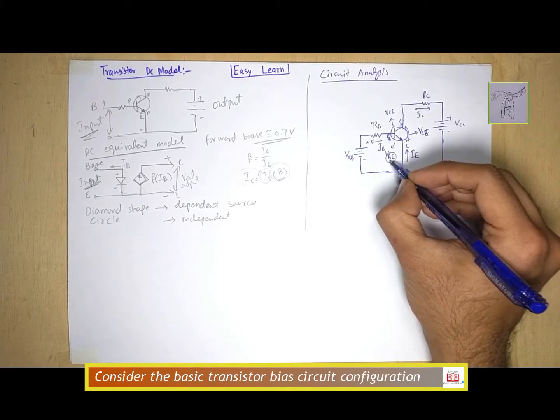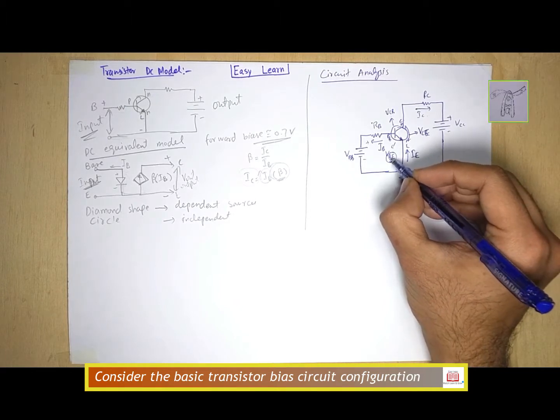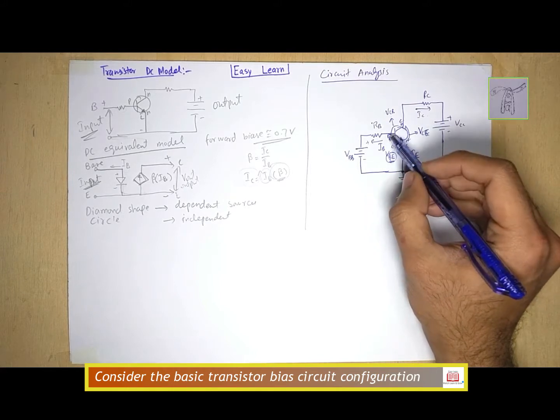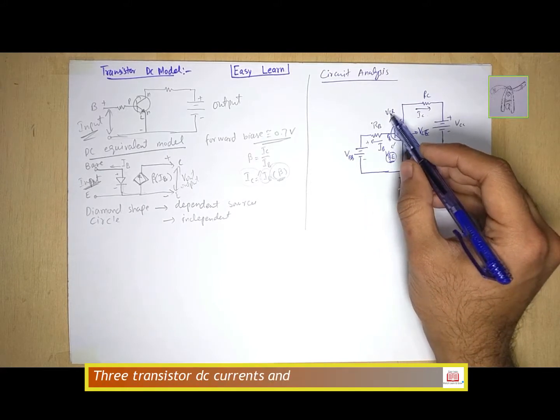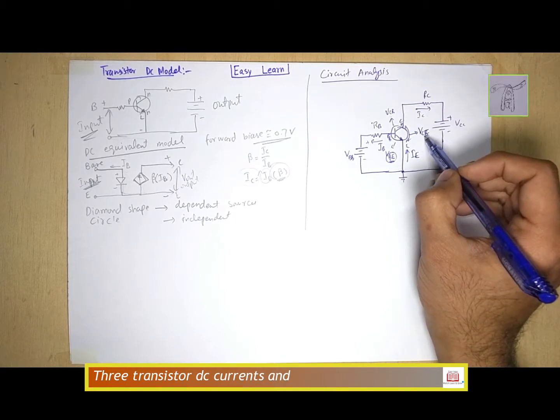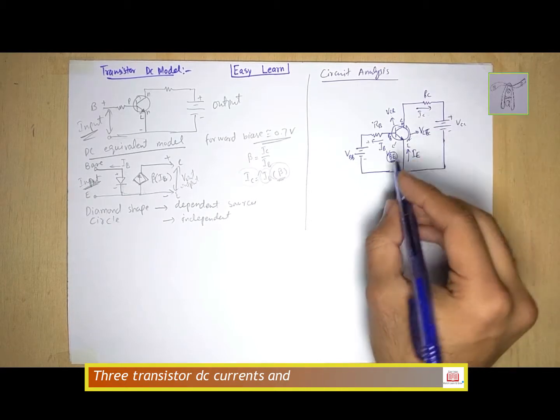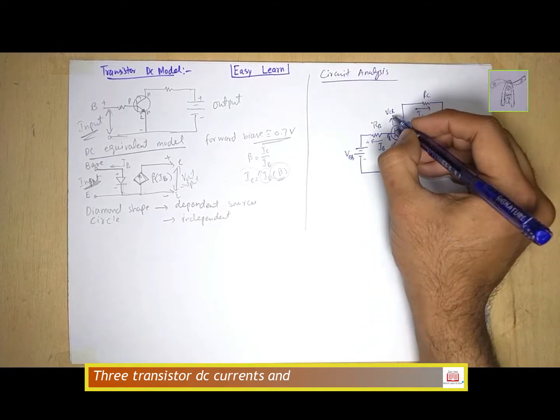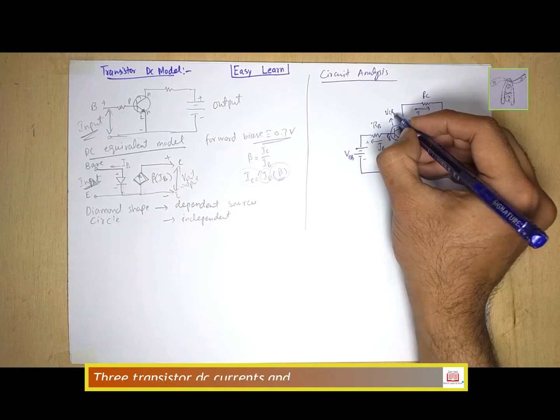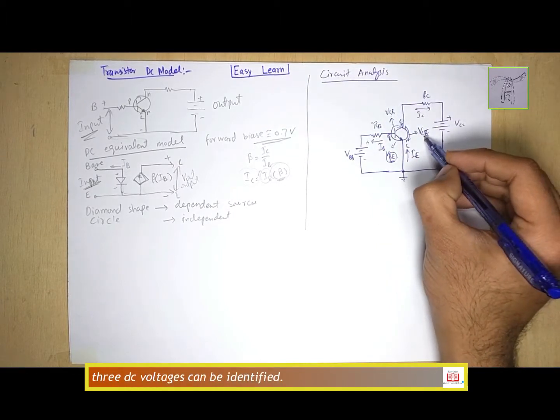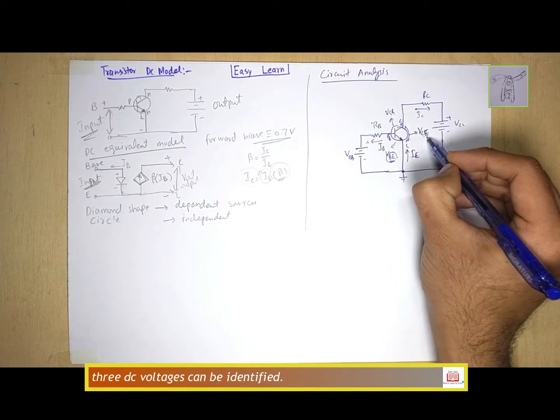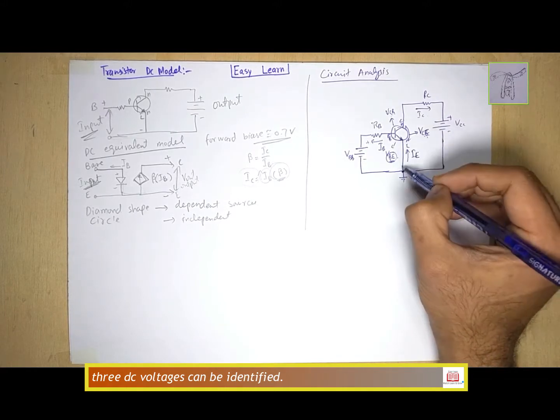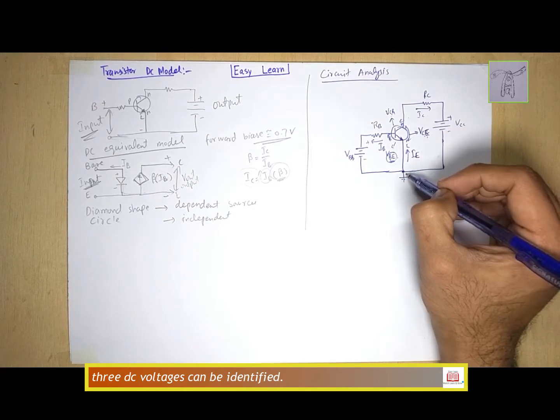The first capital letter in the subscript represents where we are calculating the voltage, at the base or at the collector terminal. VBE means the voltage at the base with respect to the emitter. VCB means the voltage at the collector with respect to the base, and VCE the voltage at the collector with respect to the emitter. The second letter indicates with respect to. Here both are with respect to the emitter, because this is grounded.